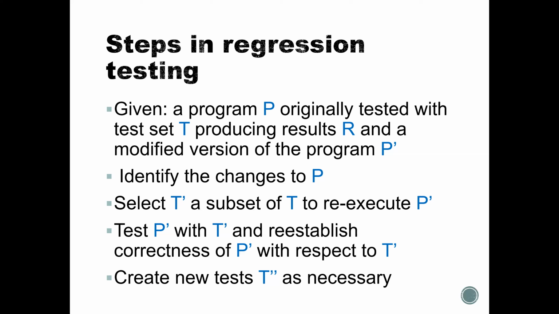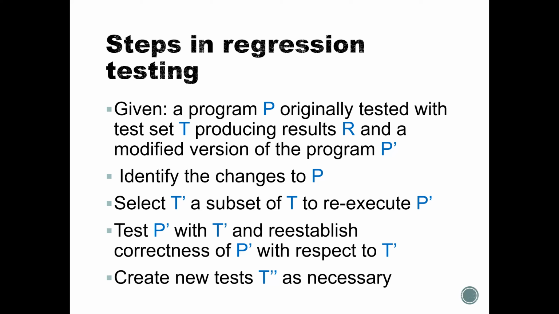Then we have to test P dash with this T dash and reestablish correctness in P dash with respect to T dash. So basically, we select some subset from T, re-execute that subset on P dash, and we want to establish correctness of P dash with respect to T dash.